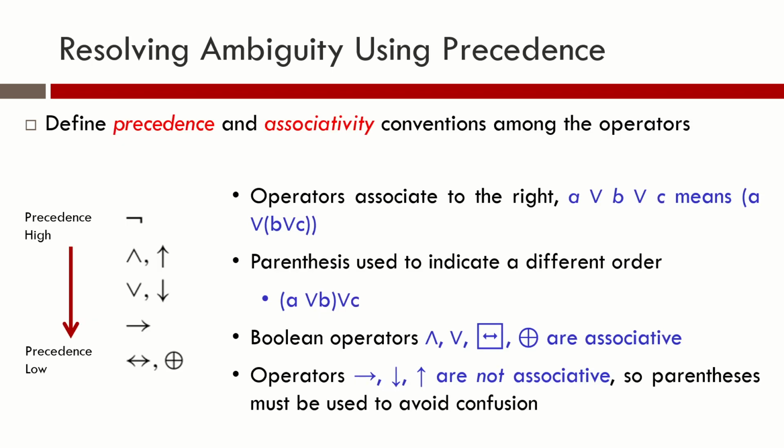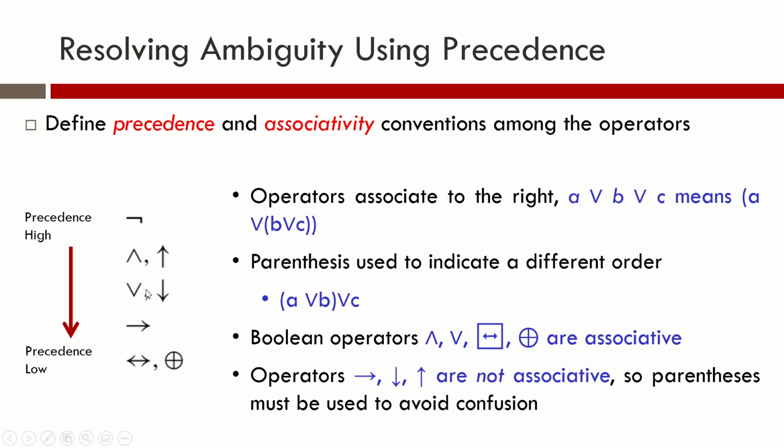Another method for resolving ambiguity is using precedence. We can define precedence and associativity among the operators. When we consider the operators in propositional logic, the one with the highest precedence is negation. Negation has got the highest precedence. Then comes conjunction and the NAND operator.